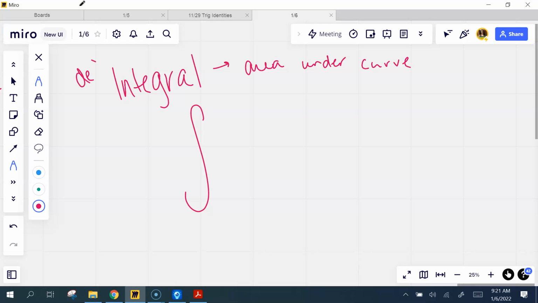This is actually a definite integral. Here's what this tells us. Find the area of f of x.